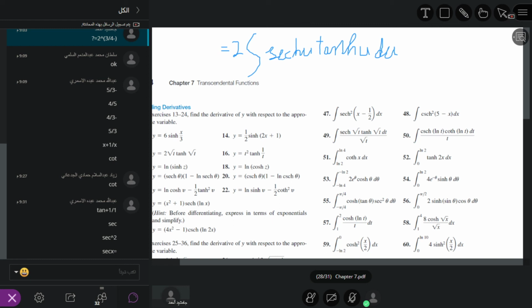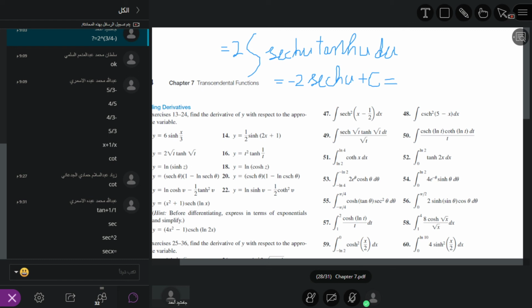Now what is the antiderivative of sec hyperbolic u tan hyperbolic u? We know that it is equal to minus sec hyperbolic u. So we have minus 2 sec hyperbolic u plus constant, because we are dealing with the indefinite integral.